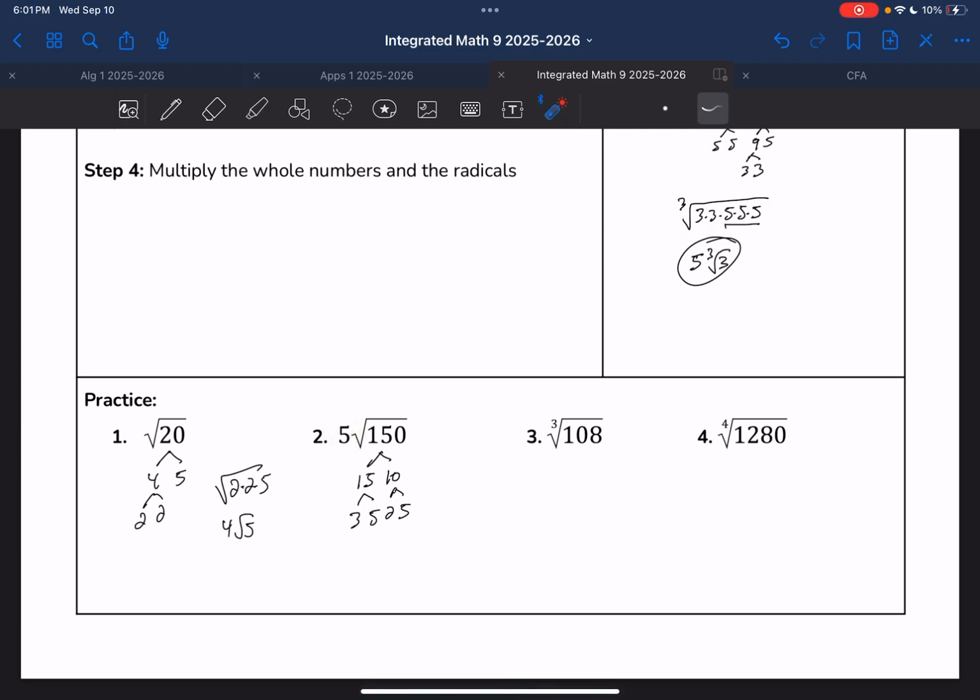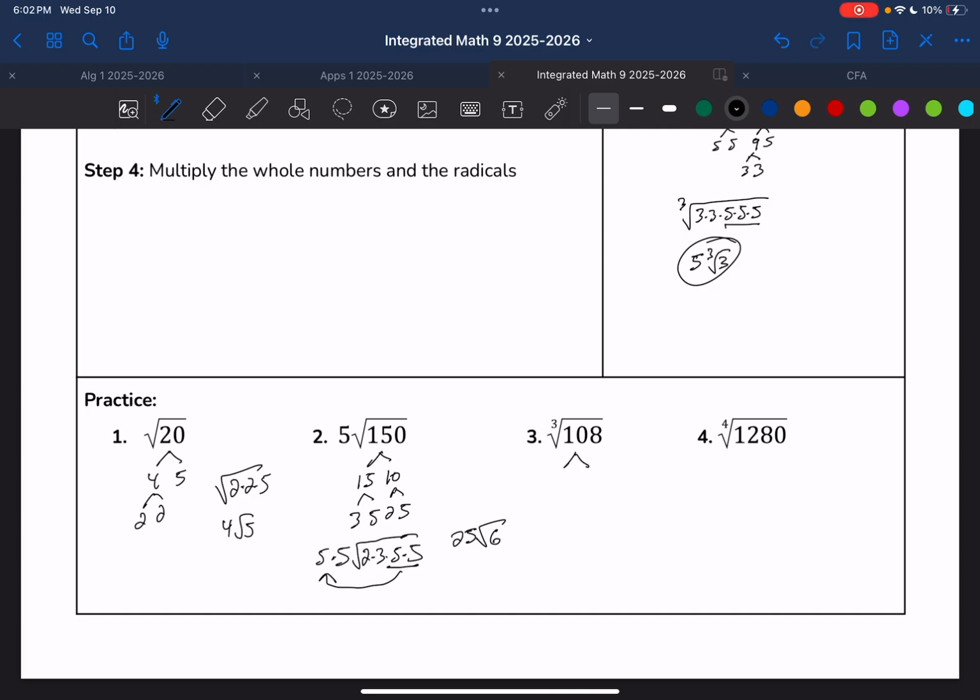But remember, if we just simplify the radical, we then need to multiply whatever number we pull out of the radical with that coefficient. So what that would look like is this would then be 5 times the square root of 2 times 3 times 5 times 5. We have 2 5s, so we can pull them outside. We want to multiply that with the 5 that is already outside. That's going to become 25 square root of 6.